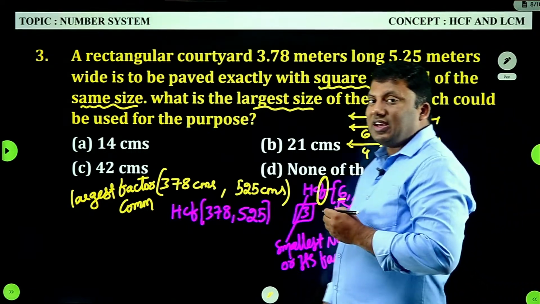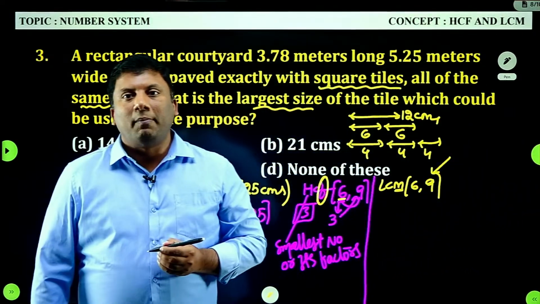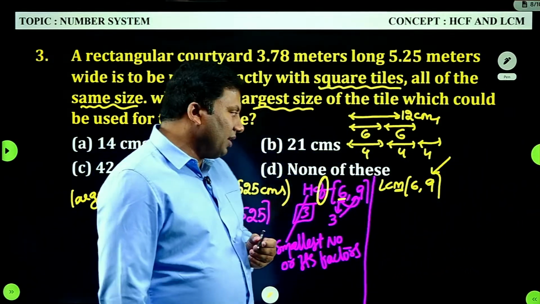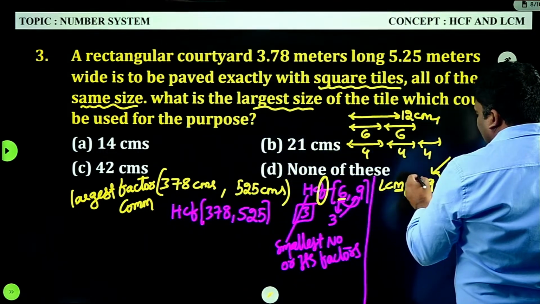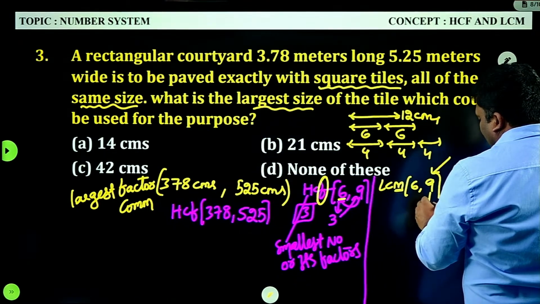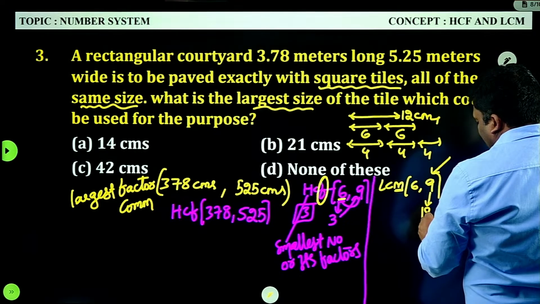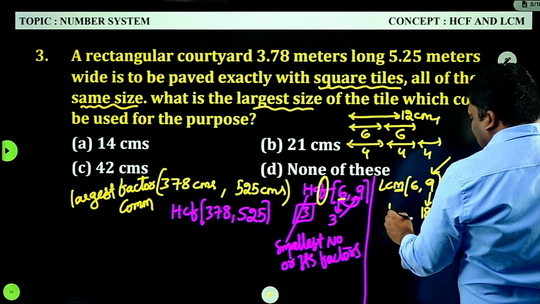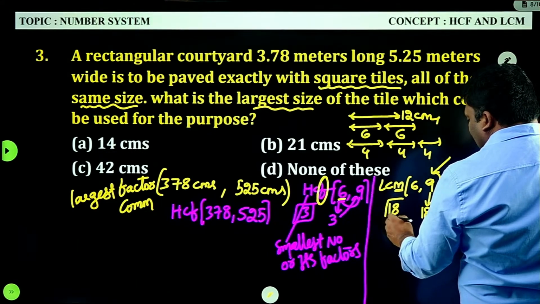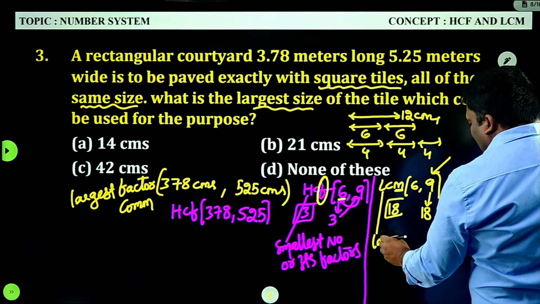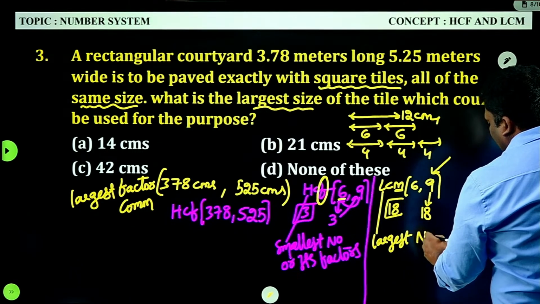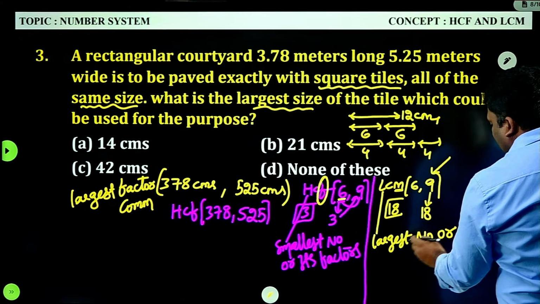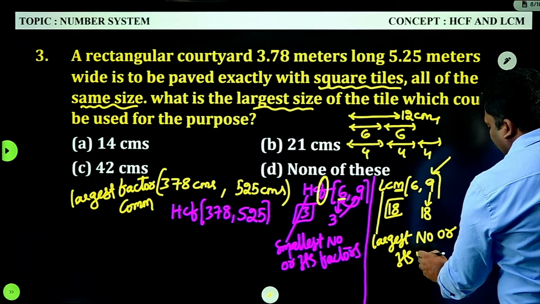Multiple is always greater than the number. So, I am taking the largest number. Is 9 divisible by 6? No. Then take the multiples. 18. 18 is divisible by 6. LCM means largest number or its multiples.